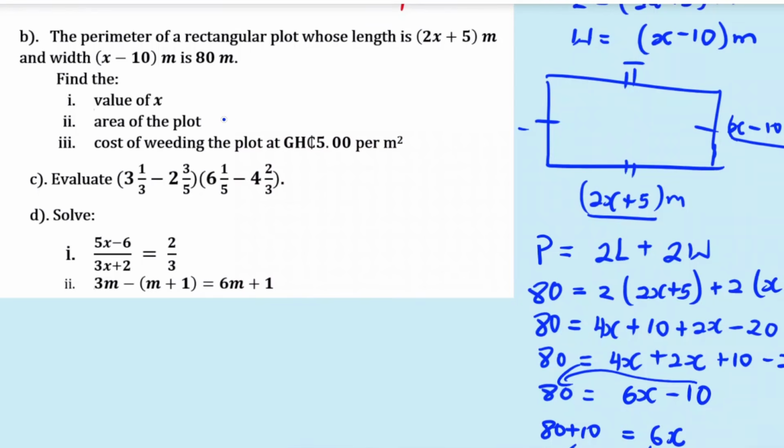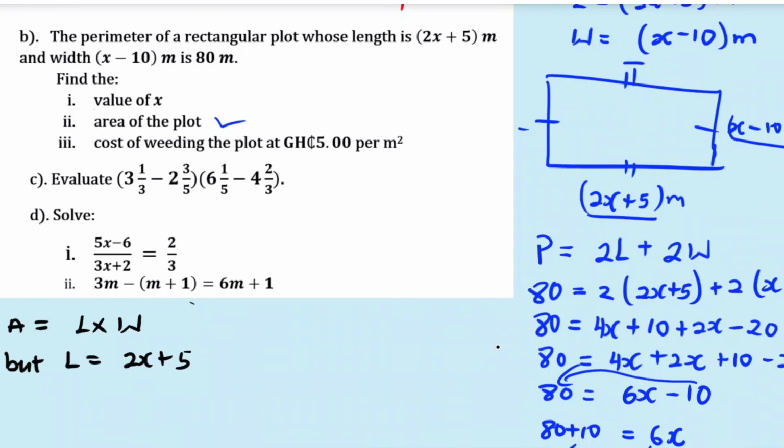So the next question is saying that we should find the area of the plot. That's an interesting question. Now we know that the area of a rectangle is equal to the length times the breadth or the width. So in this case, we're using the width because that was mentioned in the question. But we know that the length is equal to 2x plus 5 as given in the question.